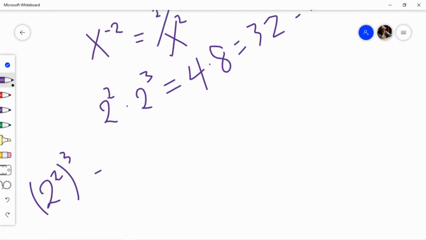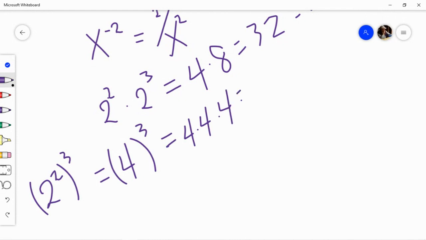We already know 2 squared is 4, to the 3rd power, right? 64, because it's 4 times 4 times 4. And what is 64? It's 2 to the 6th power. Isn't that right?